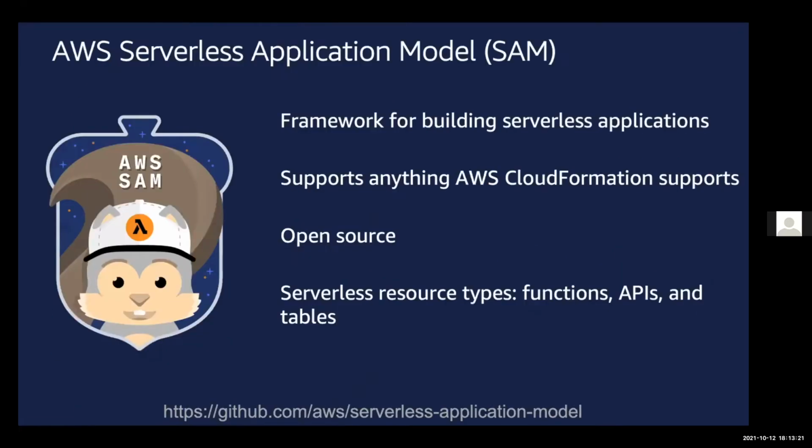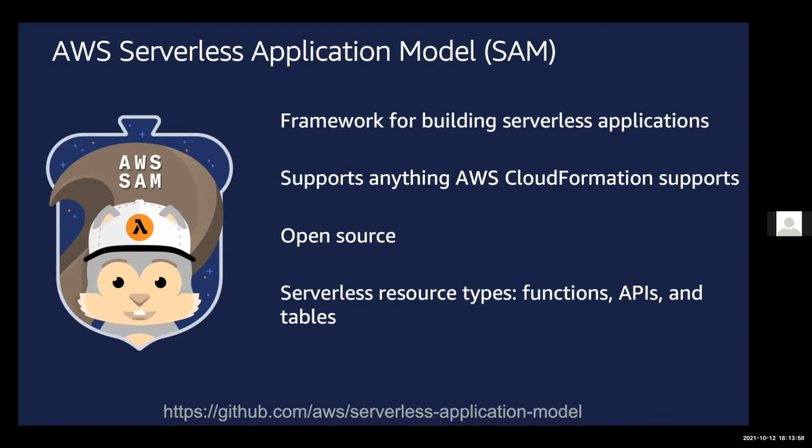So just a quick run through of AWS SAM. It stands for Serverless Application Model. It's got a nice little mascot there. AWS SAM, in essence, is a framework for building serverless applications. If you think about writing Lambda functions and using CloudFormation as IaC, infrastructure as code, think about AWS SAM as a shorthand version or an extension of CloudFormation that will help you really quickly build applications.